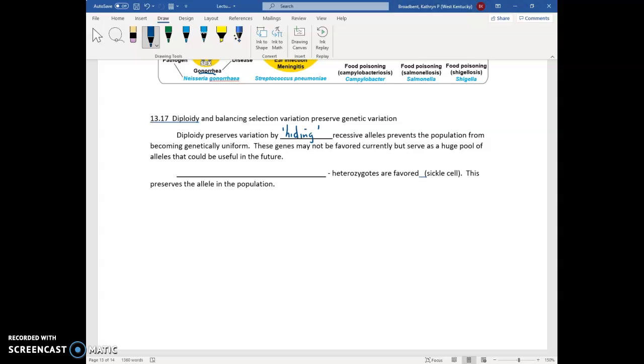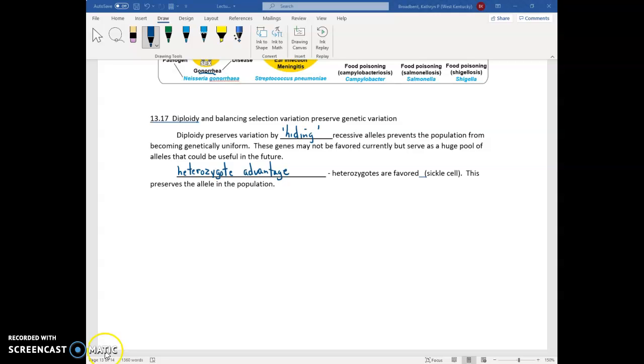These hidden genes may not be favored currently, but serve as a pool of alleles that might be used in the future. We also find that sometimes there's a heterozygote advantage, where the heterozygotes are favored. This will preserve an allele in the population.